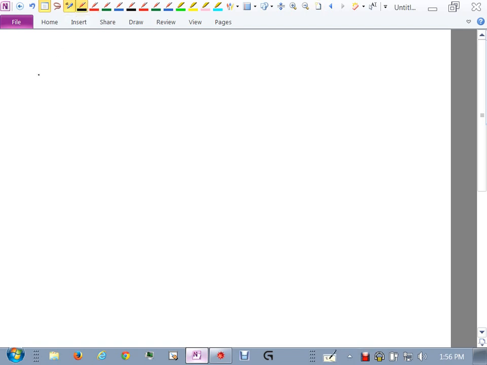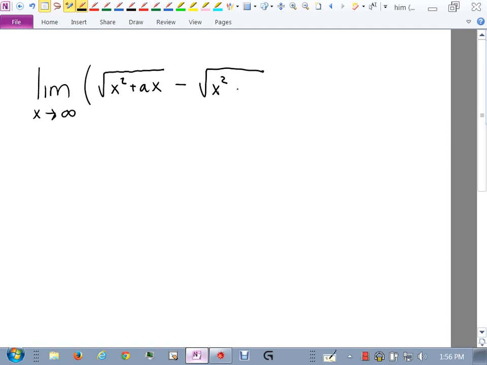How about this? What are a and b in this problem?